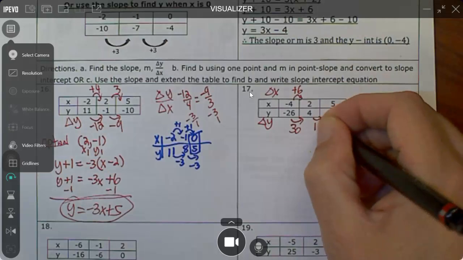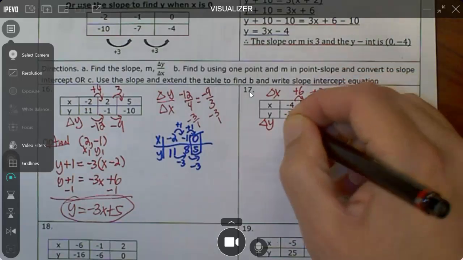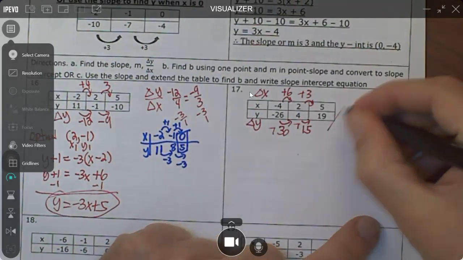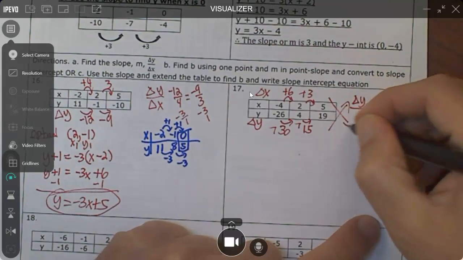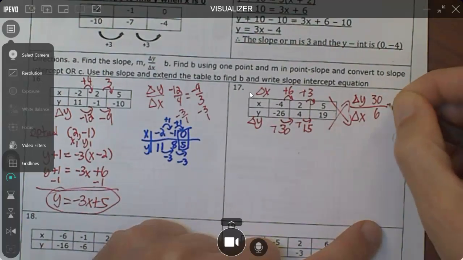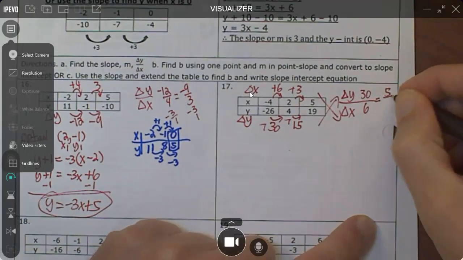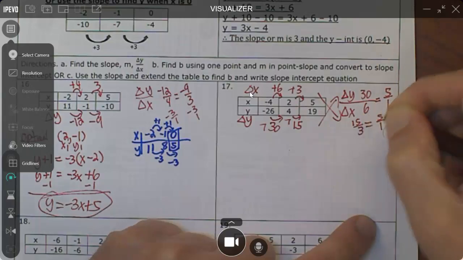Now on a horizontal table, you got to remember, hey, I got to put the change in Y up here, and the change in X down here. So I got 30 over 6, which is 5 over 1, 15 over 3, 5 over 1.